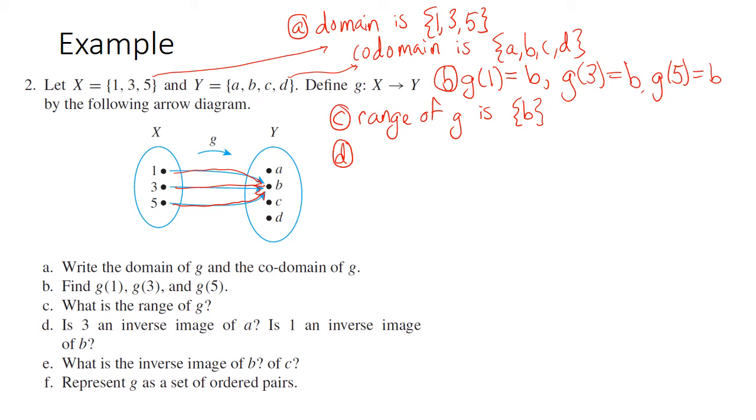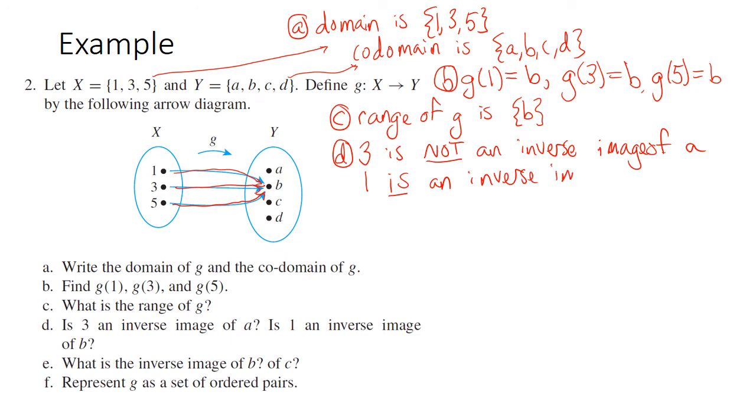The answer there is no. 3 is not an inverse image of A. On the other hand, 1 is an inverse image of B, because there's an arrow that would lead you back from B to 1. So 1 does map to B, which means 1 is an inverse image of B.